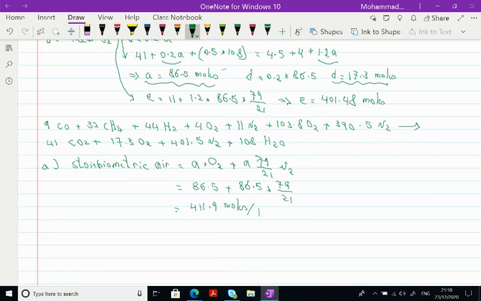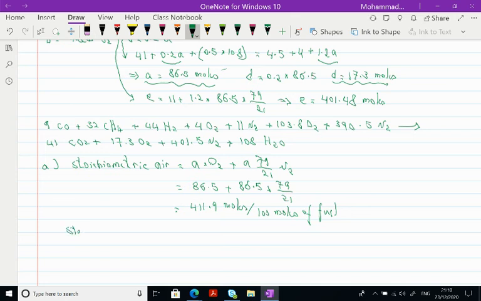per 100 moles of fuel. But the question is asking about the stoichiometric air as volume. So we need to do a kind of conversion.